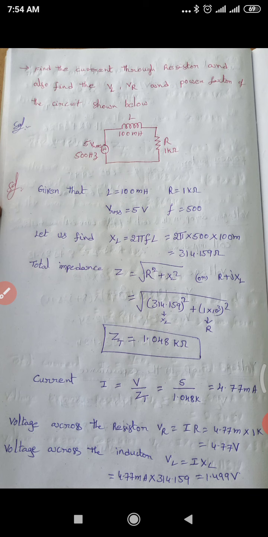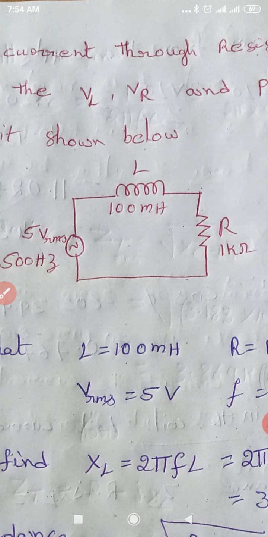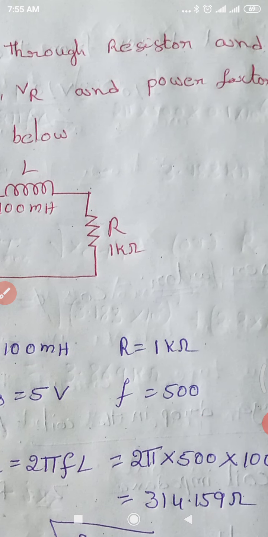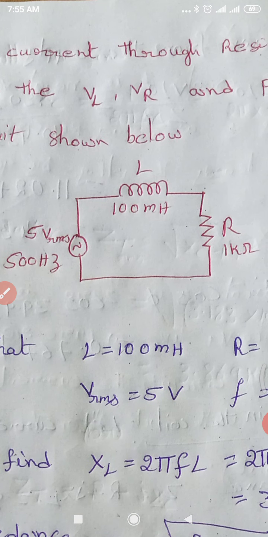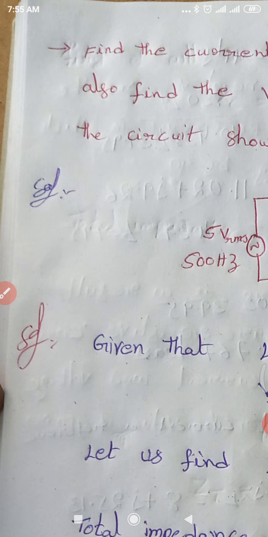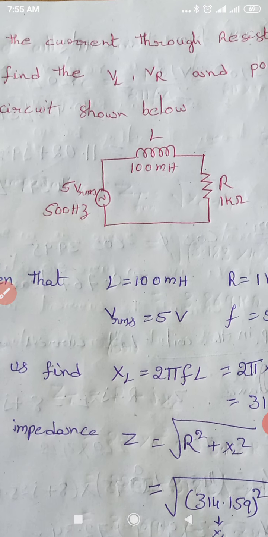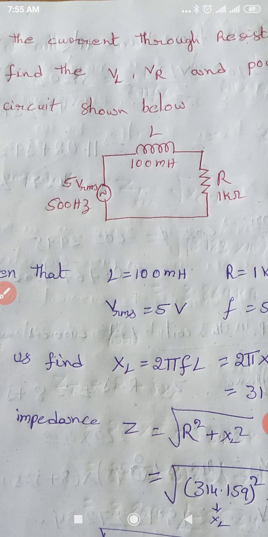Here the problem is: find the current through the resistor and also find VL, VR and the power factor for the circuit shown below. This is also the same problem. Find the current through the resistor and also calculate the voltage across the resistor and the voltage across the inductor.